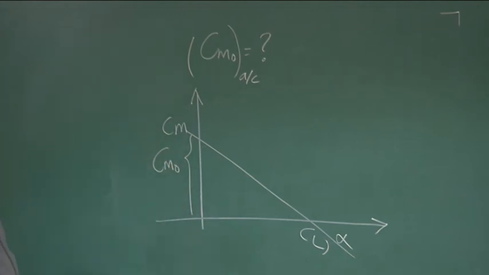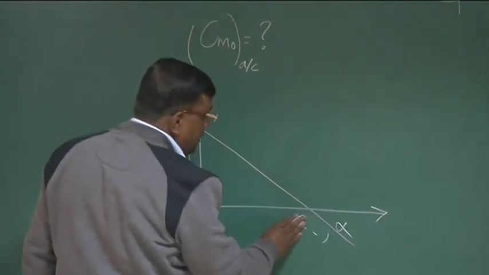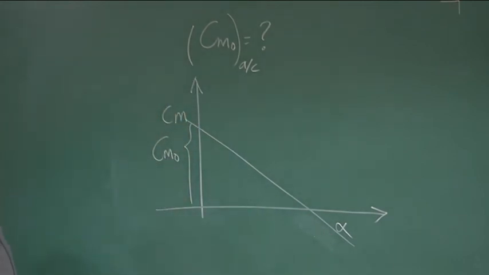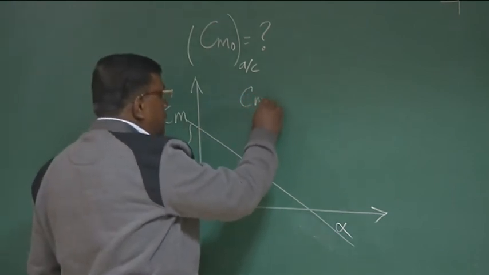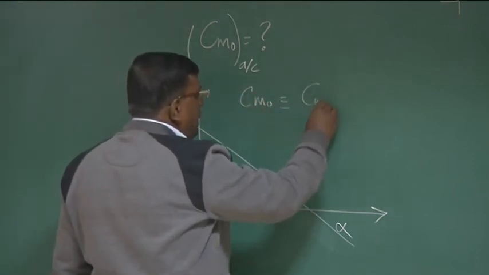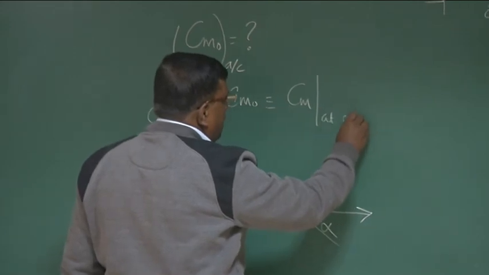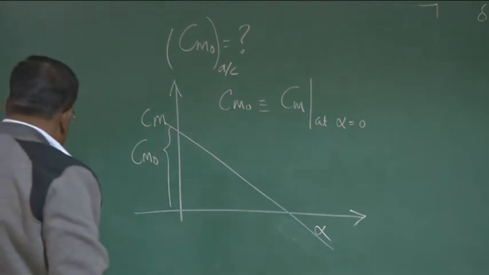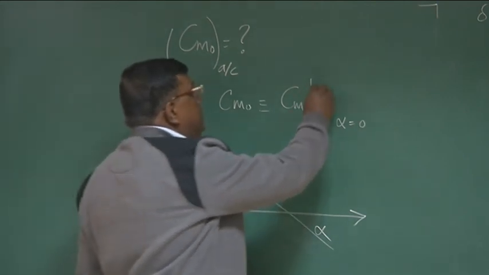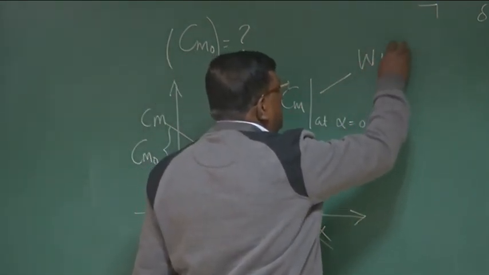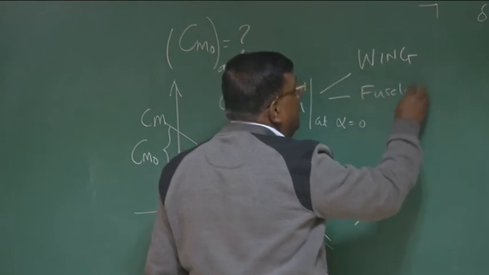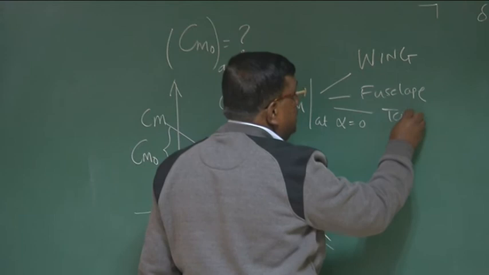For simplicity, I assume everything is symmetric, so let me put it versus alpha. So what is Cm naught then? Cm naught is Cm at alpha equal to 0. This Cm naught contribution could come from the wing, it could come from the fuselage, it could come from the tail.